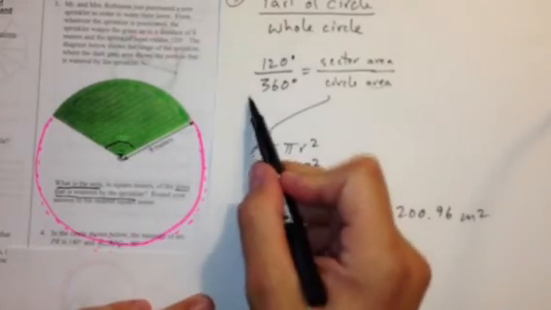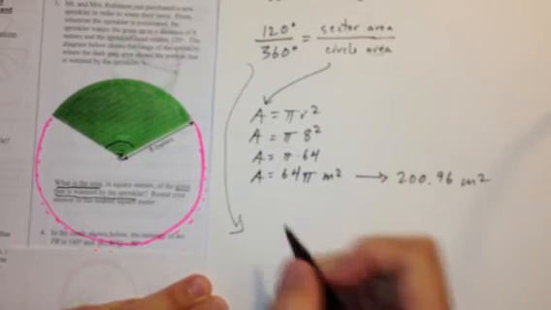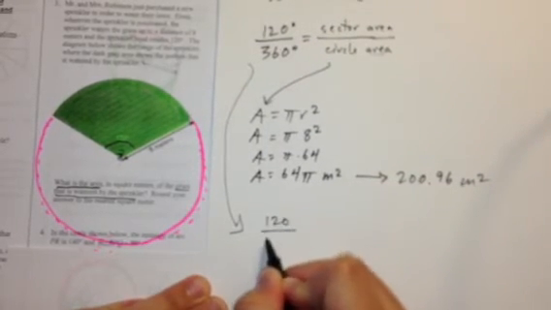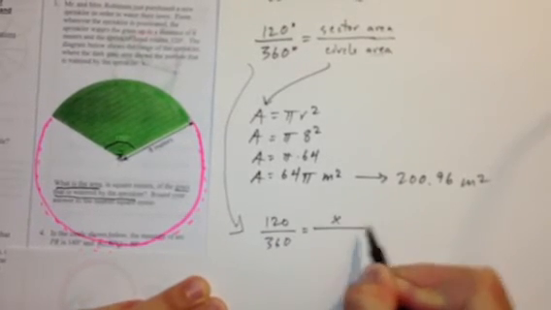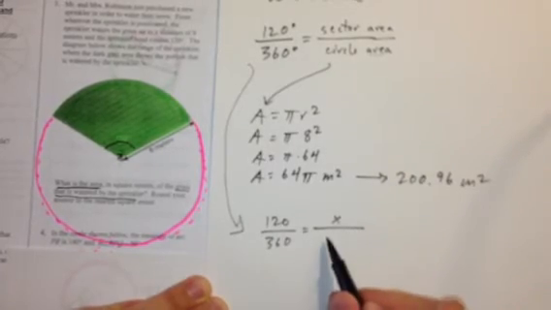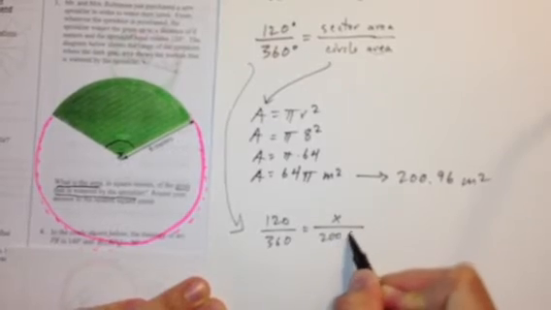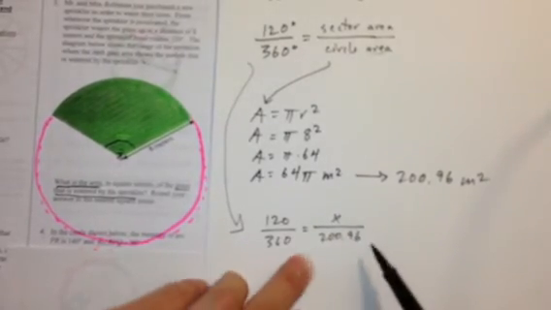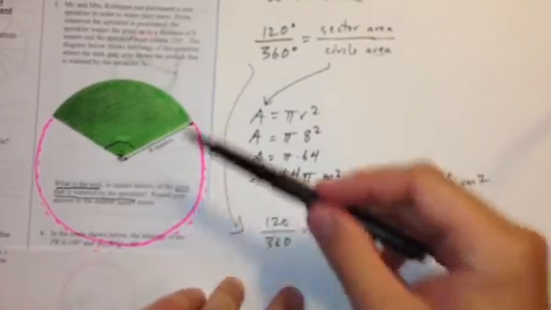So we're going to come back to our proportion here, which is 120 over 360, which equals x, that's the sector area that we want to find, over the area of the circle, which we just found, which is 200.96. Now let's think about this. Do we think that the area of the sector is going to be half of the area of the circle?